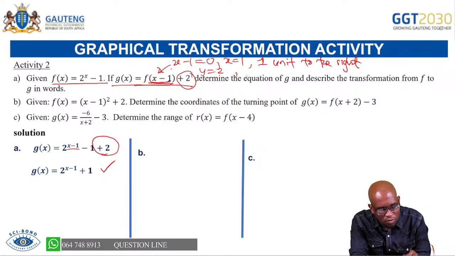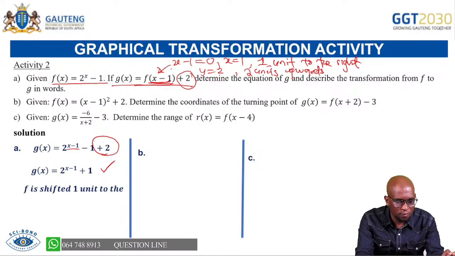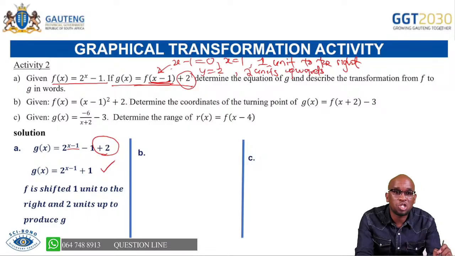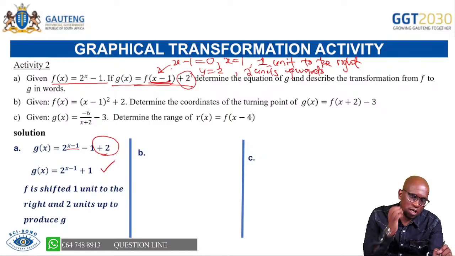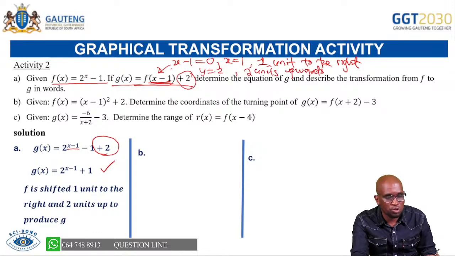It means that we moved 2 units upwards. So that is the description there. F is shifted 1 unit to the right and 2 units up to produce G.